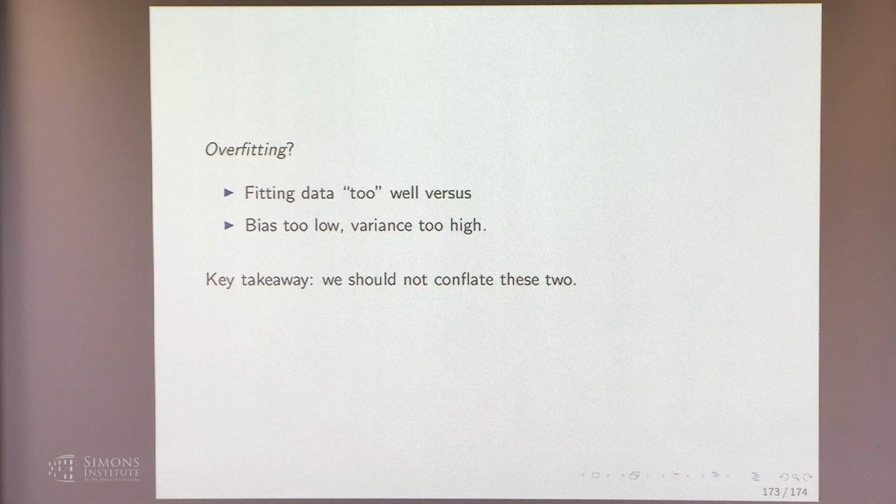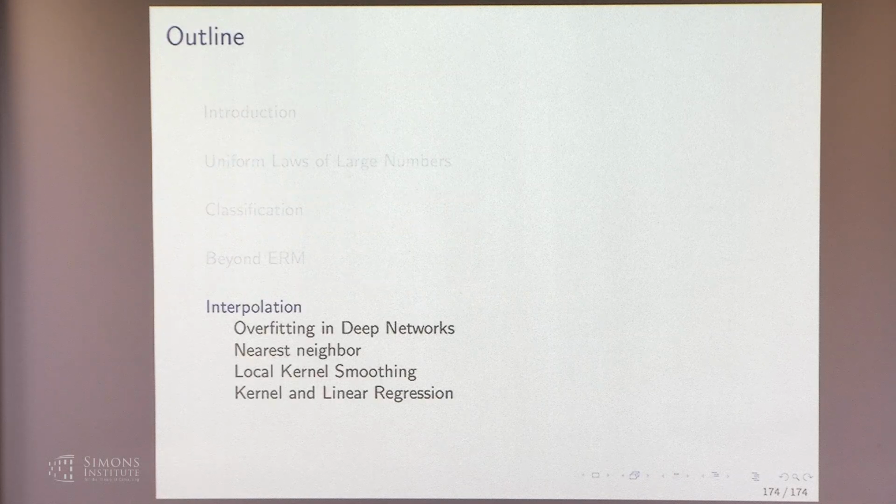So for instance, if those conditions about the eigenvalues are satisfied, then fitting the data perfectly is totally fine in linear regression. If they're not satisfied, then indeed you're suffering from having variance too high. But they're different things: the fit to the data versus whether you're suffering from variance that's too high. I'll stop there.